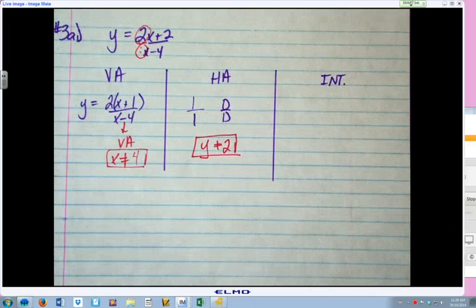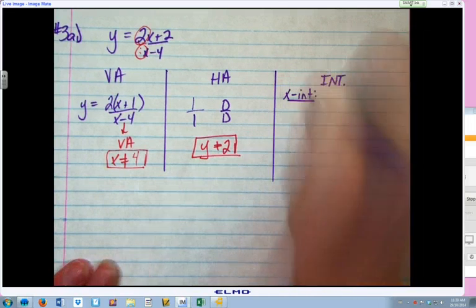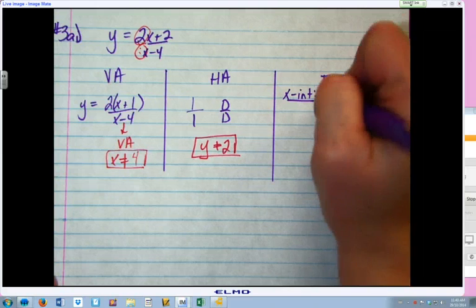X and Y intercepts, nothing new. You've been doing this for linear equations in grade 10. We did it for quadratics in grade 11. We've done it out the yin-yang. What are intercepts? Where it crosses the x-axis and y-axis. So let's start with the x-intercept. How do we find an x-intercept? Set y equal to 0.